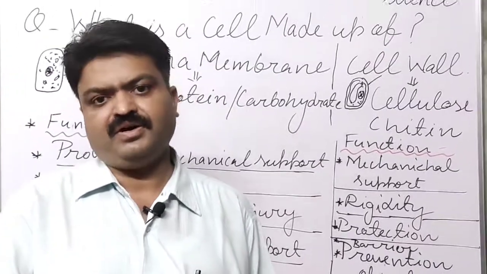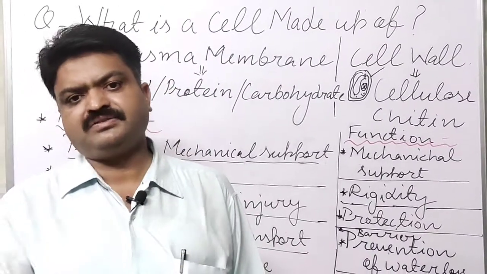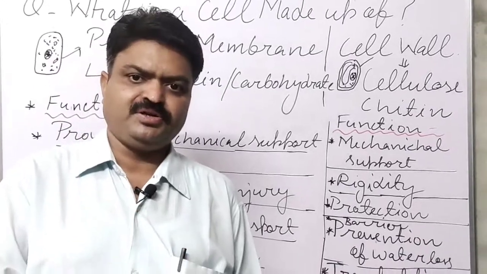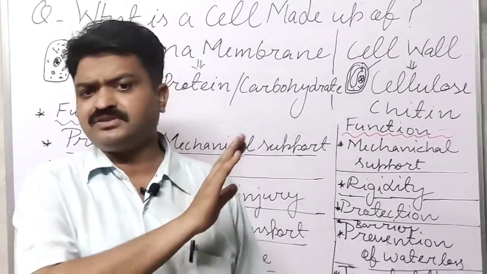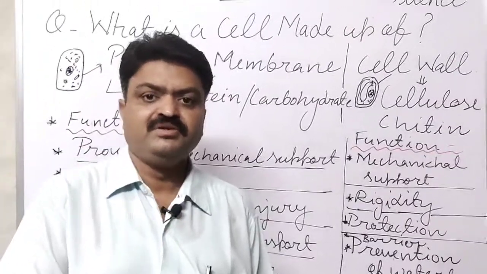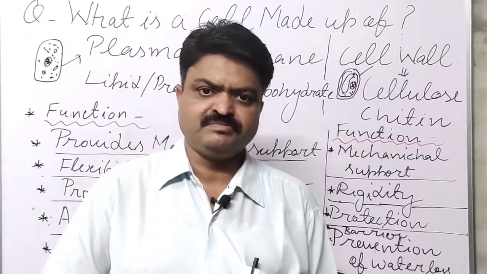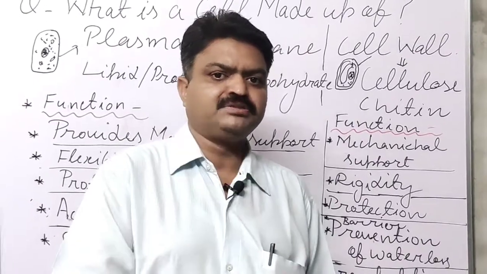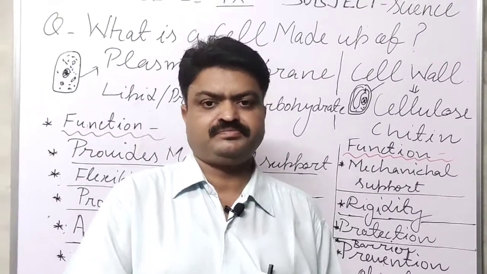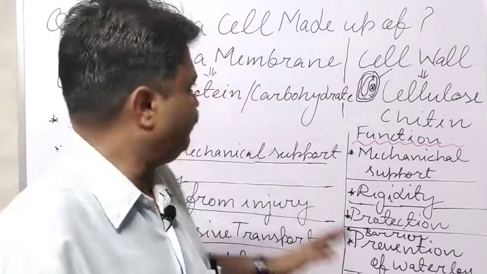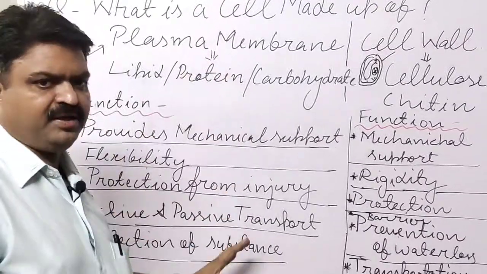These ions are found, and those ions are also transported, and that transportation does not need energy, student. That's why that transportation is known as passive transportation. So that passive transportation is also done with the help of plasma membrane.